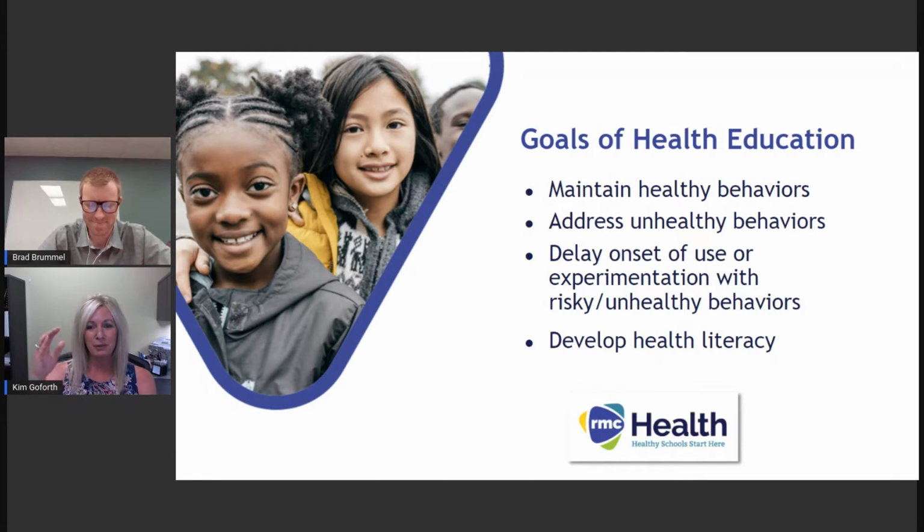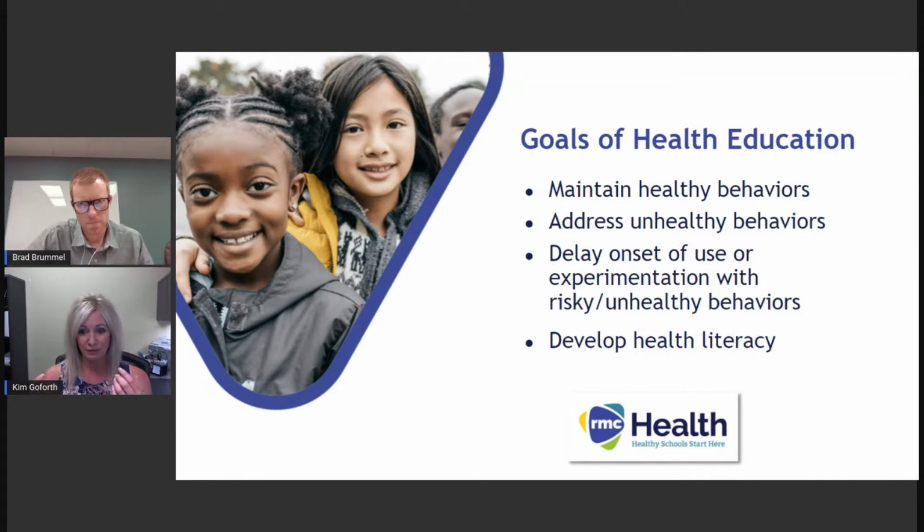And so if we look at our goals here of health education and maintaining healthy behaviors, delaying onset of some unhealthy or risky behaviors, I think that students engaging in this particular standard, that they'll have the ability to connect some of these outside decision-making ideas that come at them, that they can really assess how that's going to impact my health.